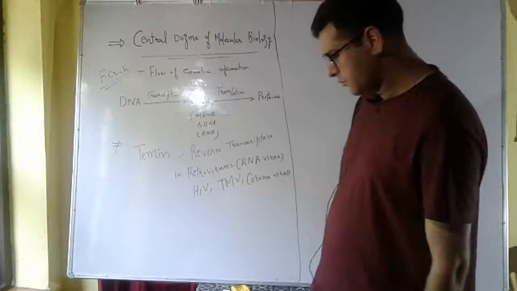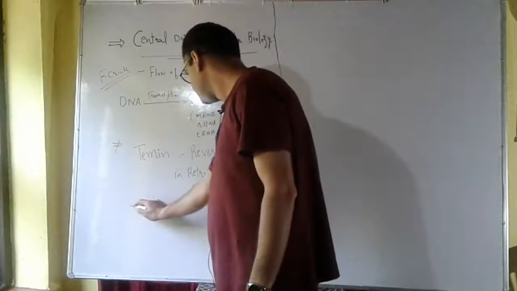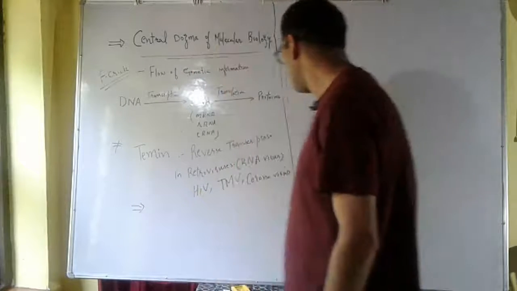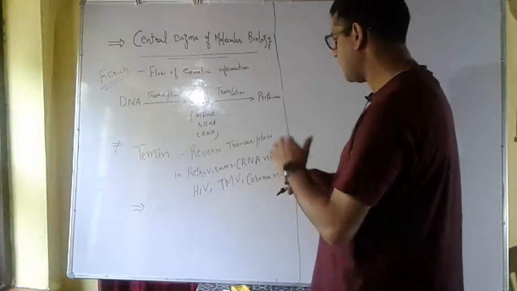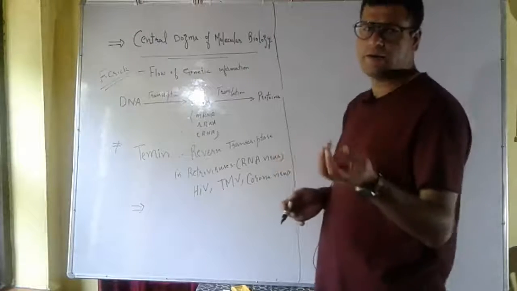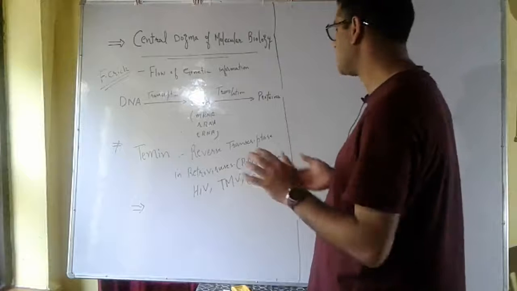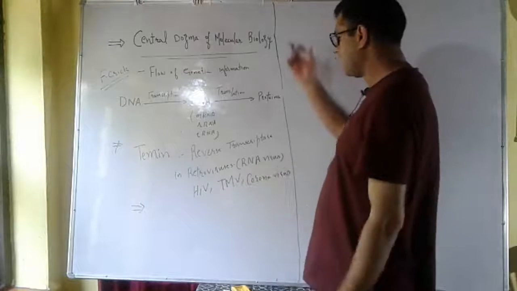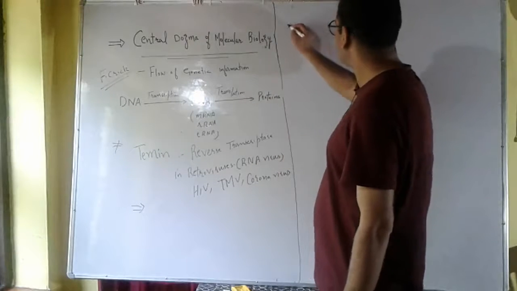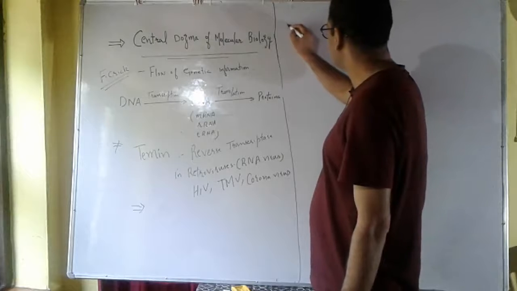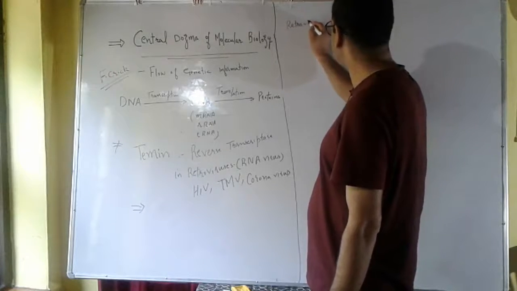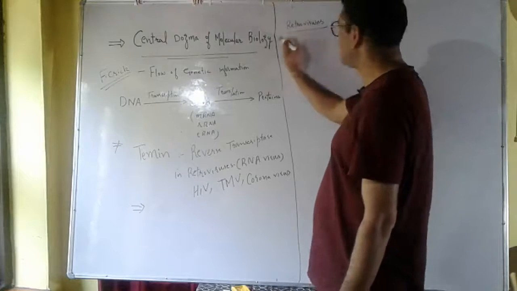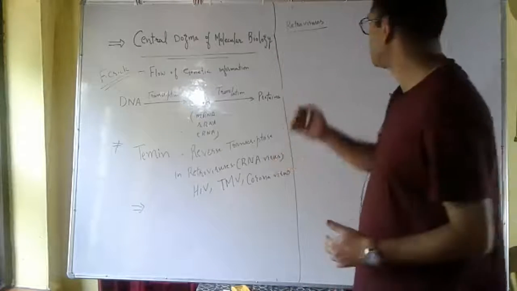So in them, what happens? RNA synthesizes DNA, DNA synthesizes RNA, and RNA then synthesizes proteins. This is called the reverse central dogma. It is for the retroviruses, where RNA is a genetic material, and the genetic information flows like this.